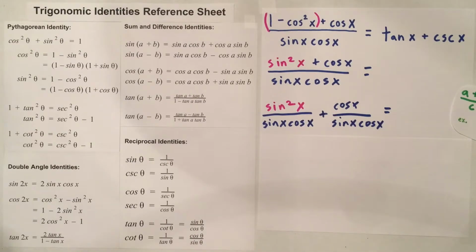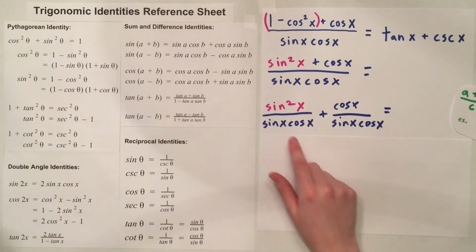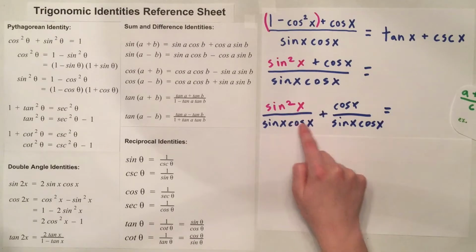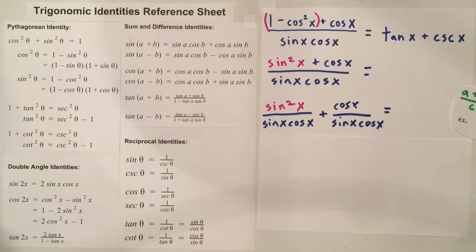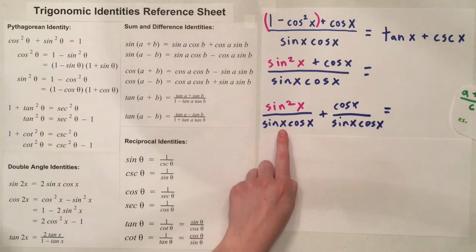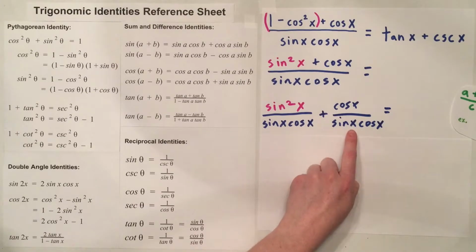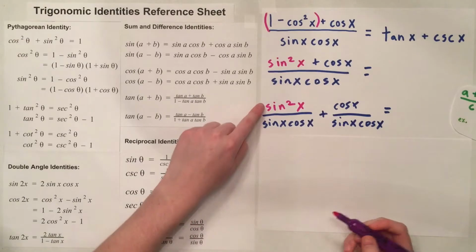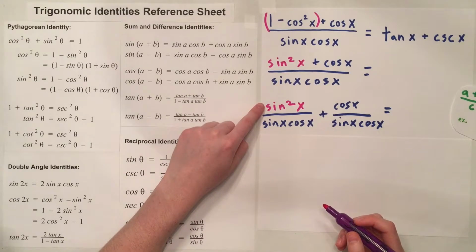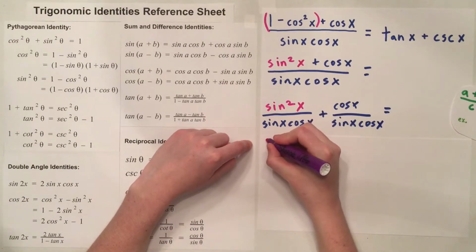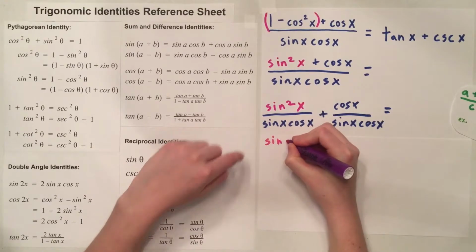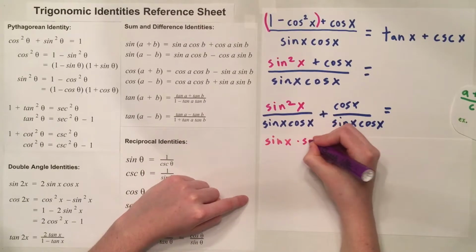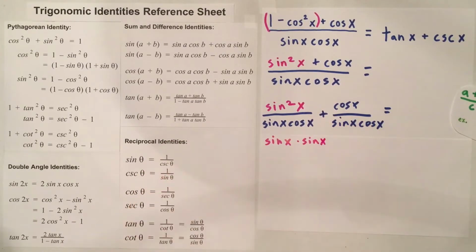Now, you may notice that we have like terms that can be canceled out in the numerator and denominator of these two fractions. We can cancel out a sine x from this fraction and a cosine x from this fraction. I'll show this on another line to make it clear. So, sine squared x is equal to sine x times sine x.